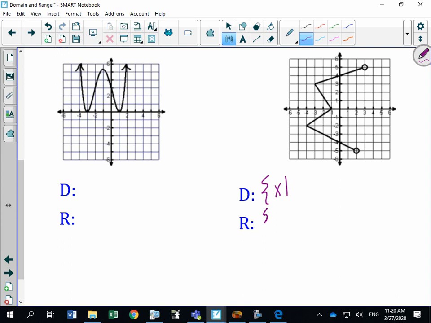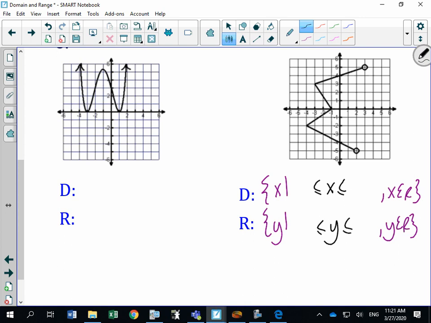X is such that, Y is such that, x ∈ R, y ∈ R, and I'm going to put x in the center, and I'm going to put y in the center. Okay, what is your biggest and your smallest x value? Biggest x value is 3. Smallest x value is -4.